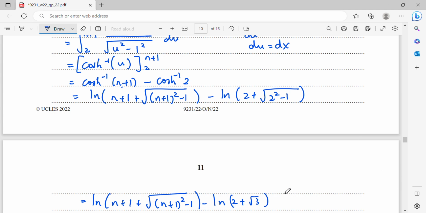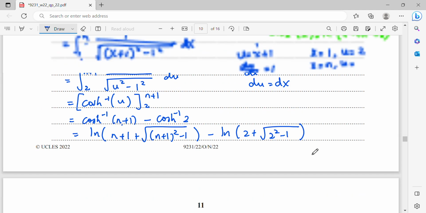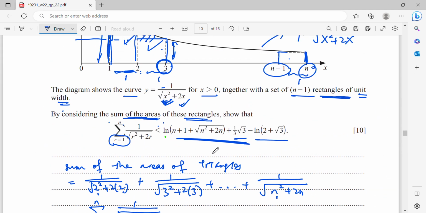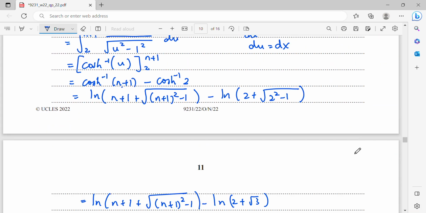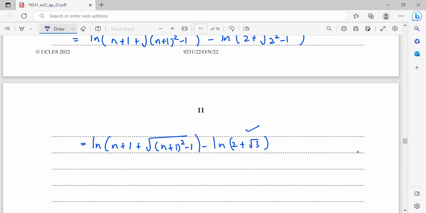Okay, so let's look at the answer first, the given answer. Now you have n plus 1 plus square root of 2 terms, n squared plus 2n, and minus ln 2 plus ln 3. So here I'm getting minus ln 2 plus square root 3, and this one is not acceptable because of the square. Now we have to do expansion.